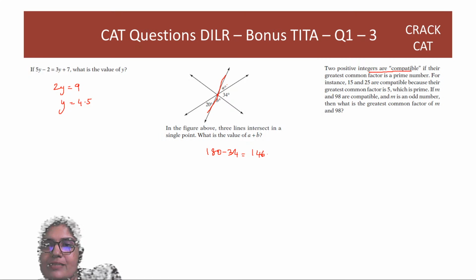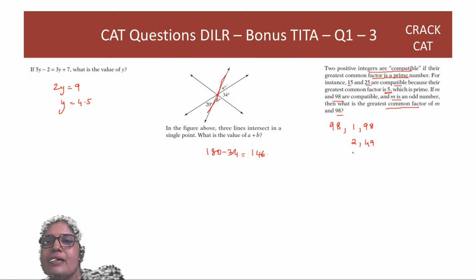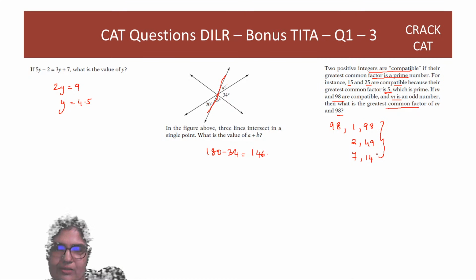Two positive integers are compatible if the greatest common factor is a prime number. For instance, 15 and 25 are compatible because the greatest common factor is 5. If m and 98 are compatible and m is an odd number, then what is the greatest common factor of m and 98? So what are the factors of 98? One and 98, 2 and 49, right? 3 is not a factor, 4 is not. The next is 7 and 14. And now they will just repeat. So these are the factors.